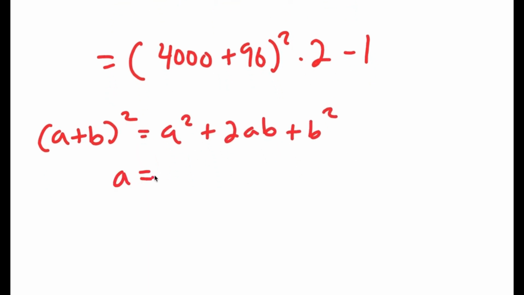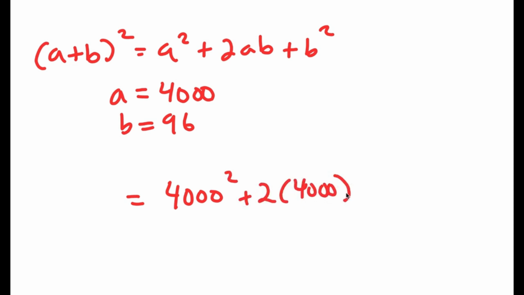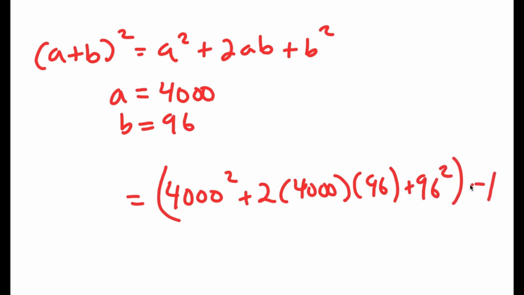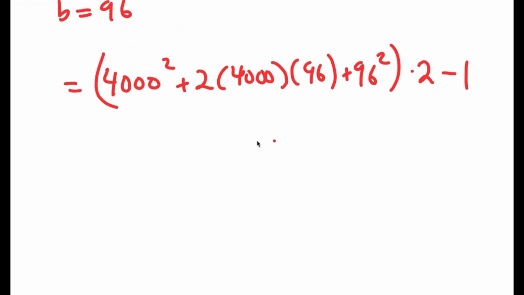So in this case, a is 4,000 and b is 96. So this turns into 4,000 squared plus 2 times 4,000 times 96 plus 96 squared. And I have all of this, oh sorry, all of this times 2 minus 1.